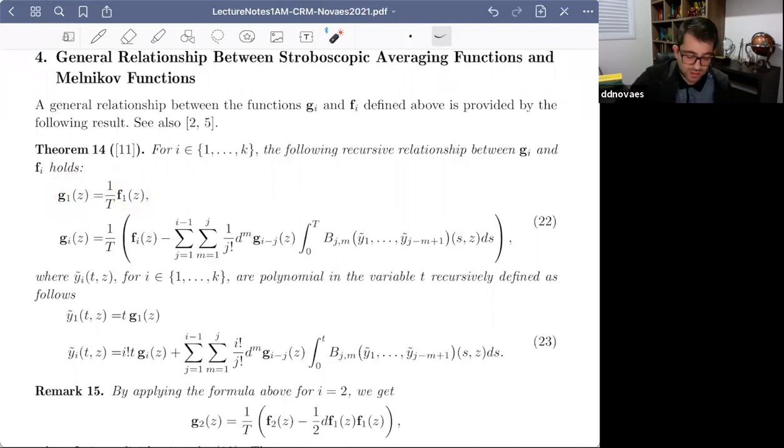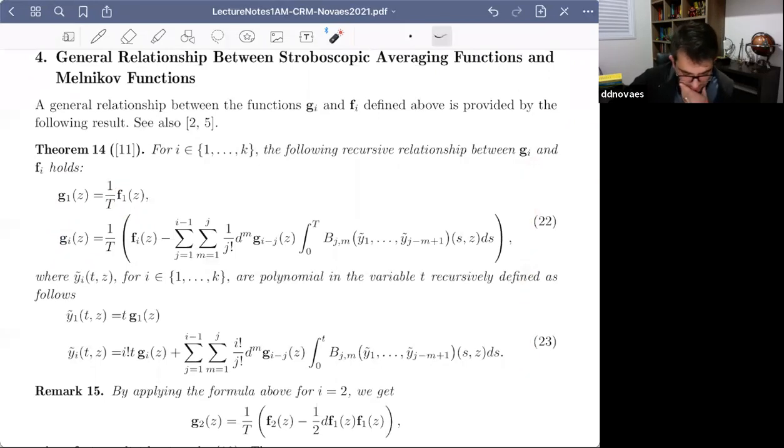Okay, so we already have a recursive formula for computing the functions f_i. So assuming that we already know those expressions, then we can obtain a recursive formula for the stroboscopic average functions. Okay, and this formula I'm giving here.